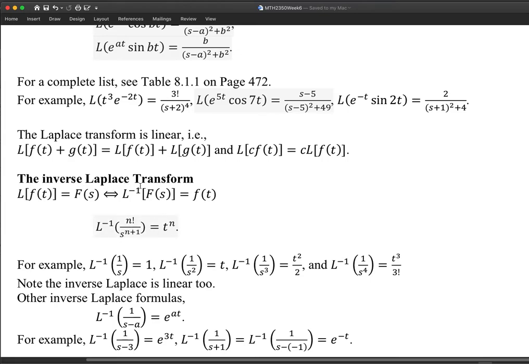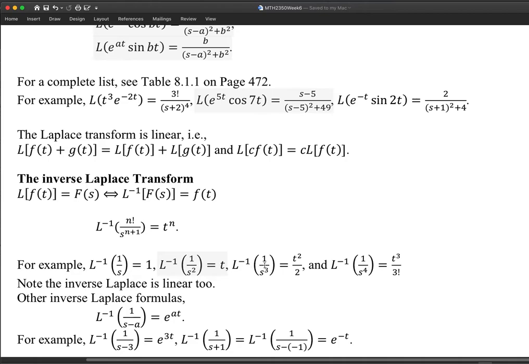Specifically, the case n equals 0, where 0 factorial is 1: the Laplace transform of 1 is 1 over s, as we calculated before. So the inverse transform of 1 over s is 1. And the inverse transform of 1 over s squared is the case when n equals 1, so you get just t.